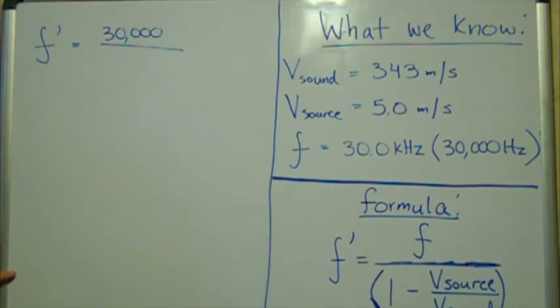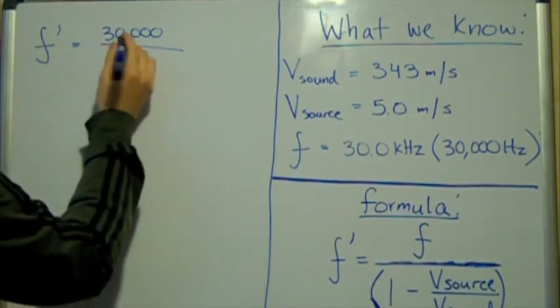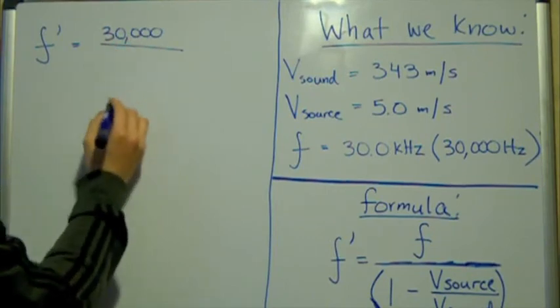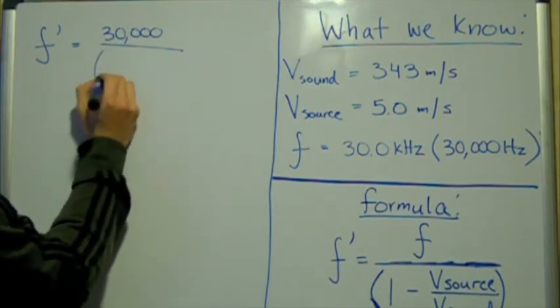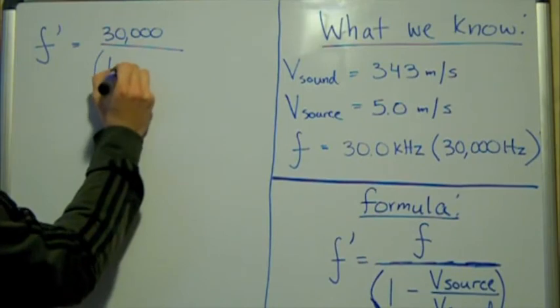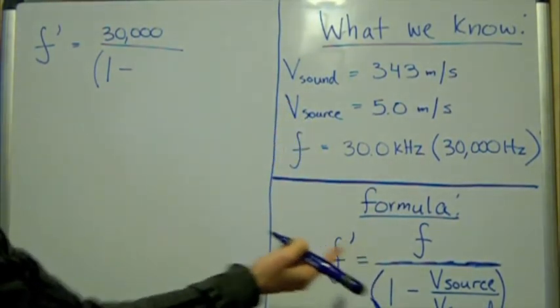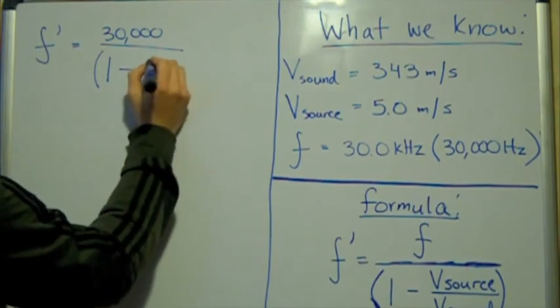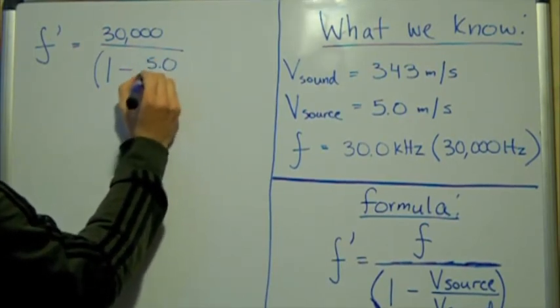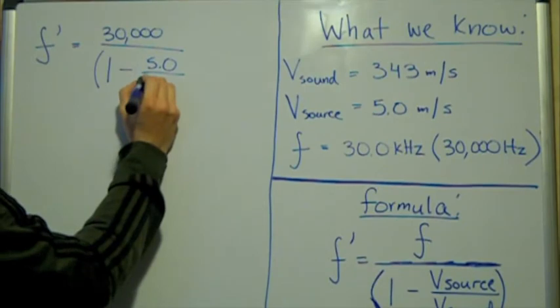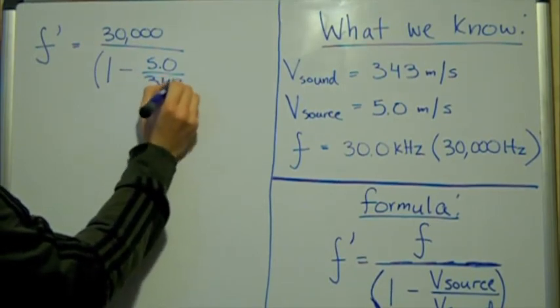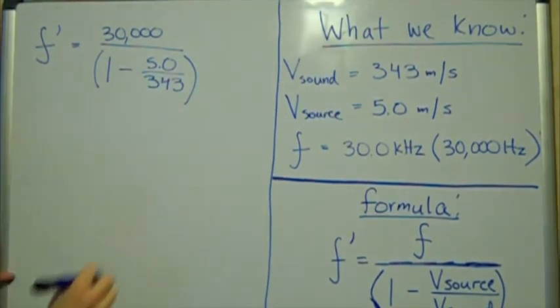We're not going to use sig figs either until the very end of the problem. In the denominator, we're going to have a parenthesis, 1 minus, and then we substitute v sound and v source where appropriate. So v source is 5.0 meters per second, over 343 meters per second, which is the speed of sound.